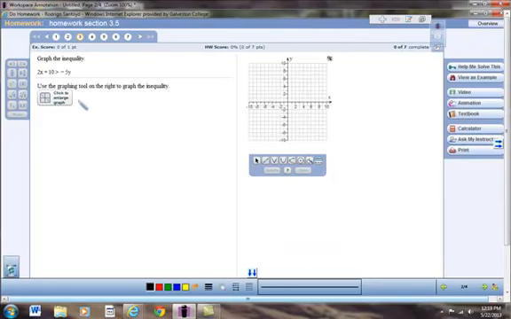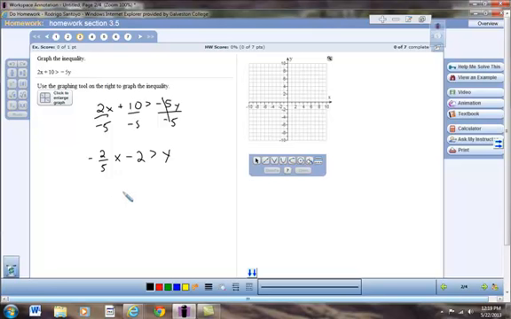So another problem. Once again, the whole idea is to get y by itself. So I need to get rid of this -5. Well, I'm going to divide by -5. I see that will cancel. And I'll be left with 5x minus 2 is greater than y.